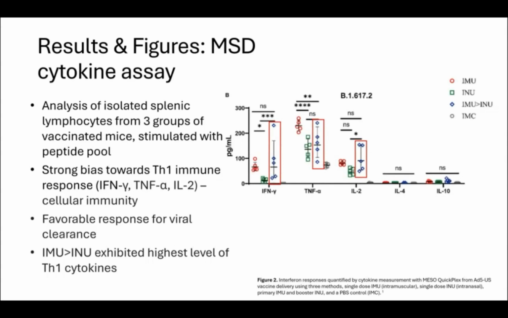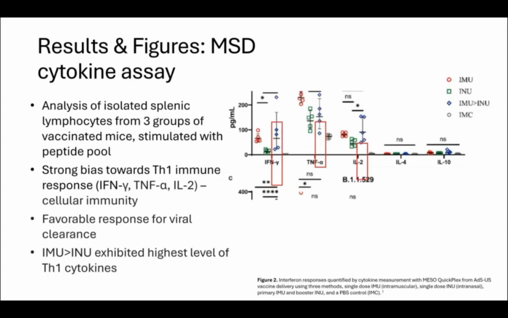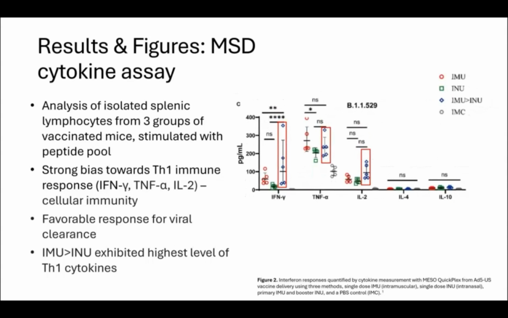The level of Th1 cytokines in the intramuscular primed with intranasal booster group were higher than the other two treatment groups. This trend continued when the lymphocytes were exposed to another beta strain, where the intramuscular primed with the intranasal booster treatment group exhibited the highest concentration of Th1 cytokines.